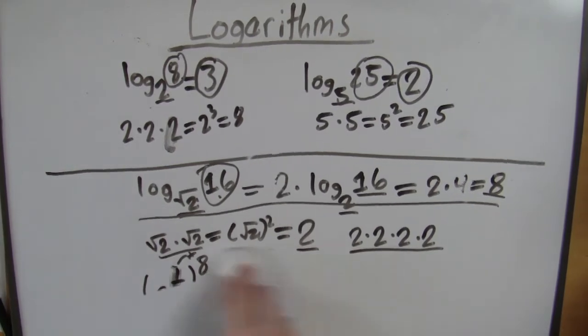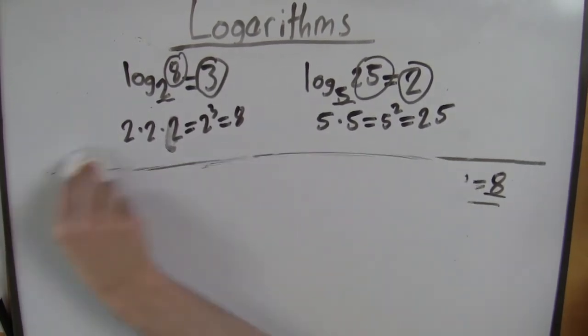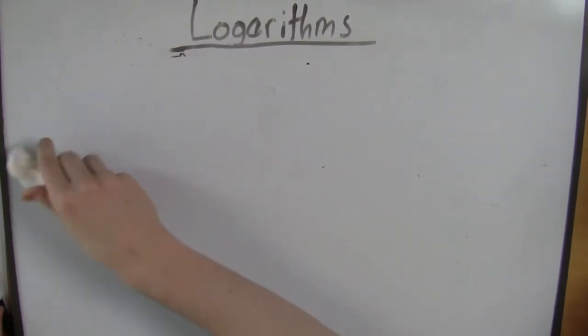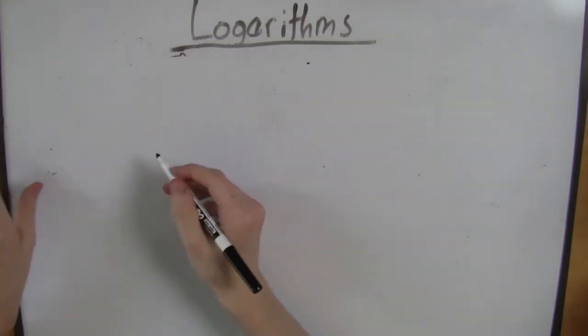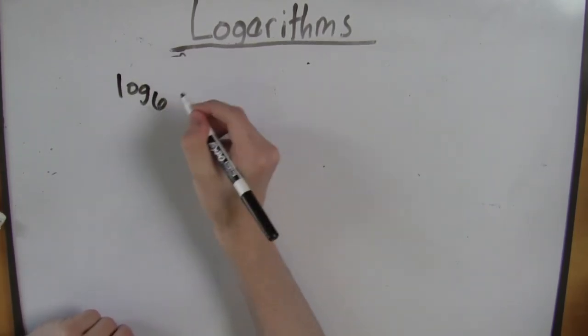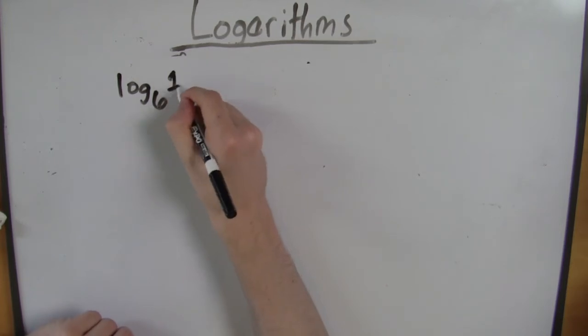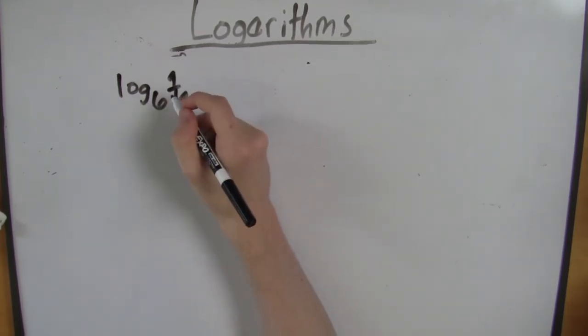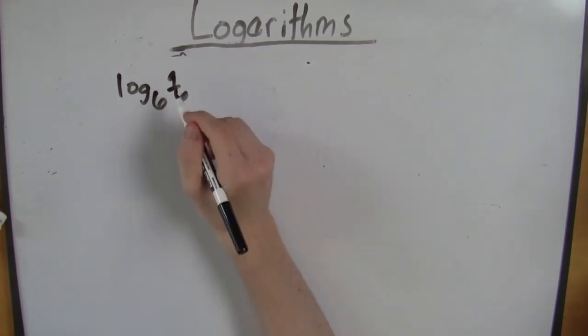Let's do a couple more examples. Let's apply this a little further. All right, let's say I have log base 6 of 1/6. What power do I have to raise 6 to get 1/6?